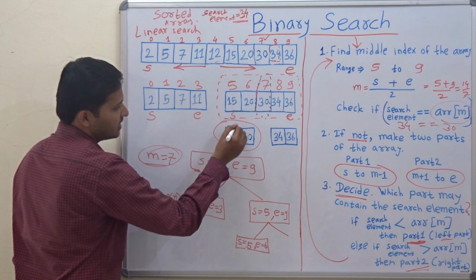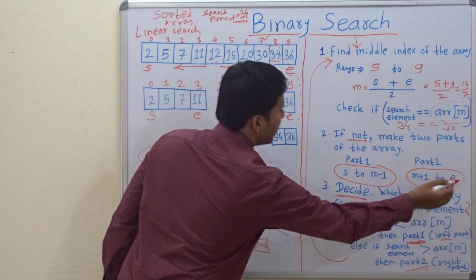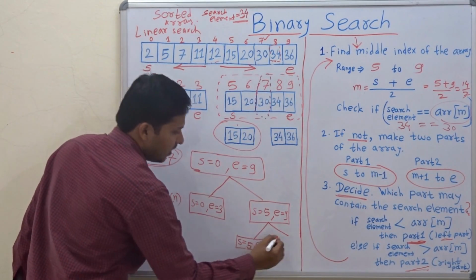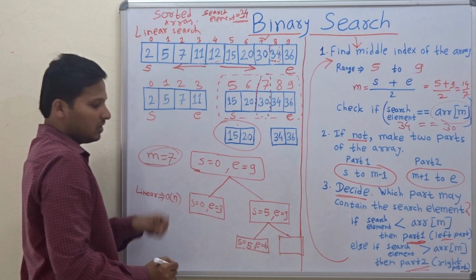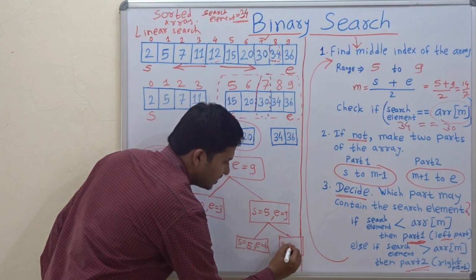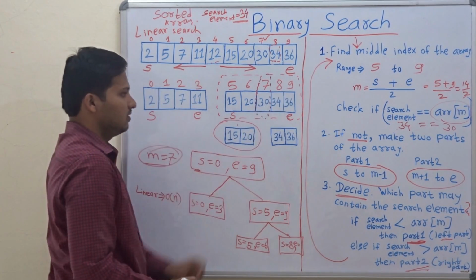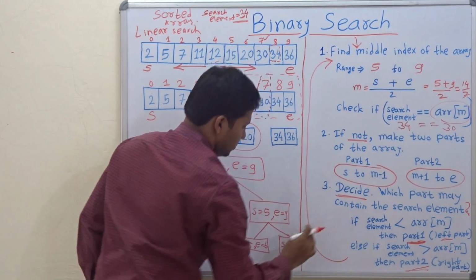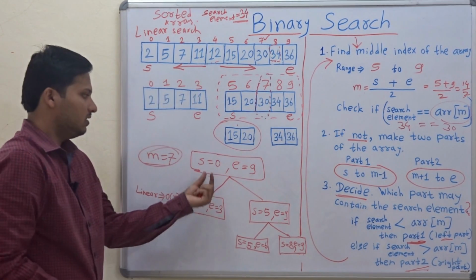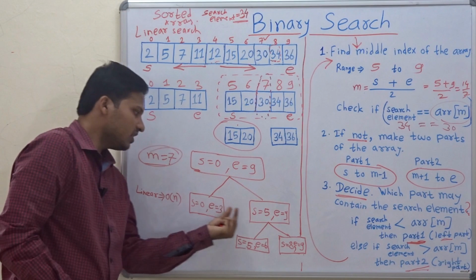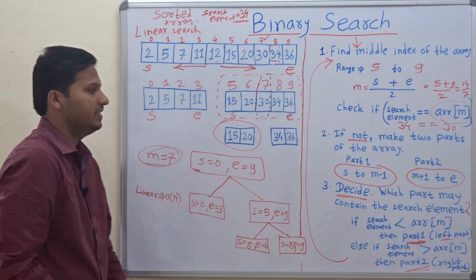This is the first part, and this is the second part, that is m plus 1 to e. m plus 1 means 7 plus 1, because m is 7, so that is 8, and 8 to e, which is 9. See, 0 to 9 divided into 0 to 3 and 5 to 9, and 5 to 9 divided into 5 to 6 and 8 to 9.